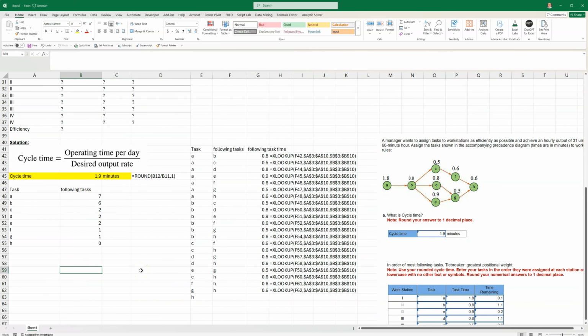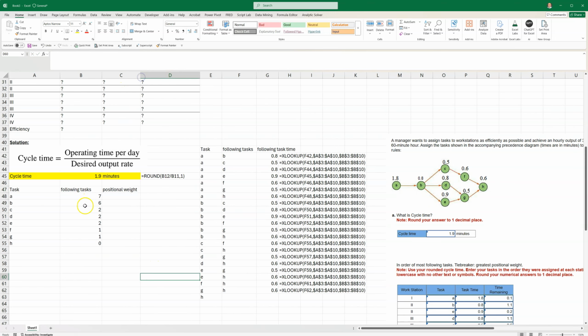All right, so the next thing we want to calculate is something called the positional weight. The positional weight is equal to the weight of this action itself, plus the weight of all the following tasks.